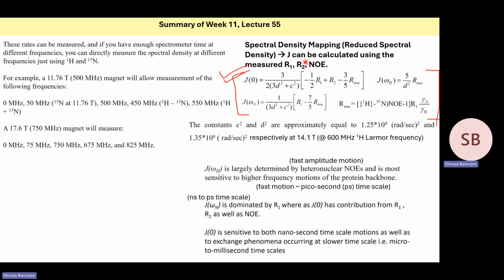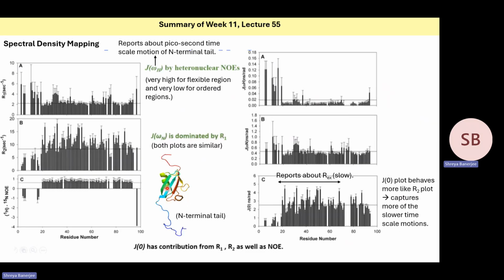So from R1, R2, and NOE, we can calculate the spectral density functions. And from the spectral density functions, we will get to know about the different kinds of motions happening in the protein that will give us an idea about the protein dynamics.